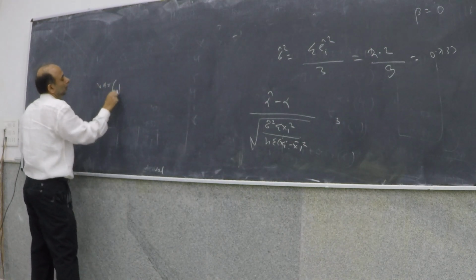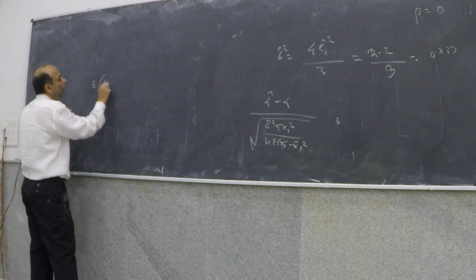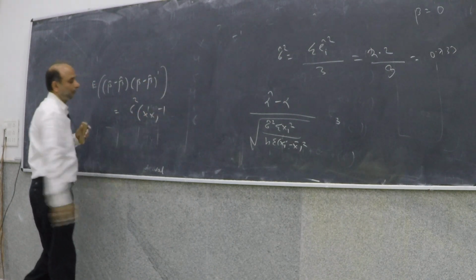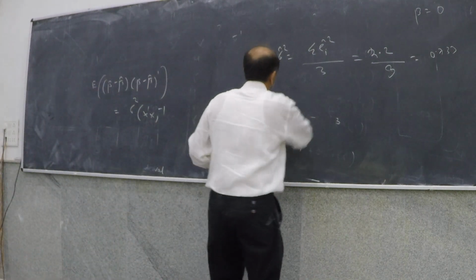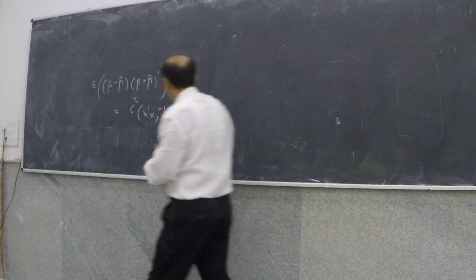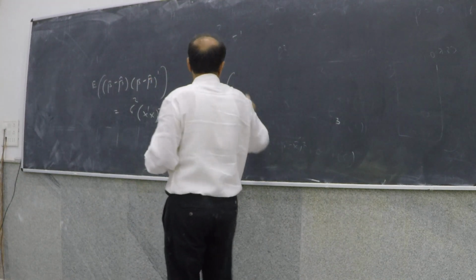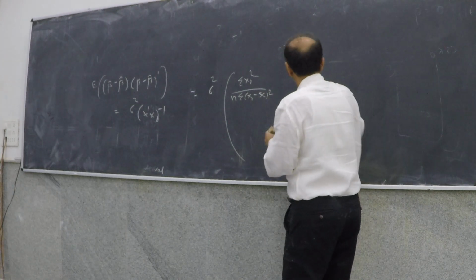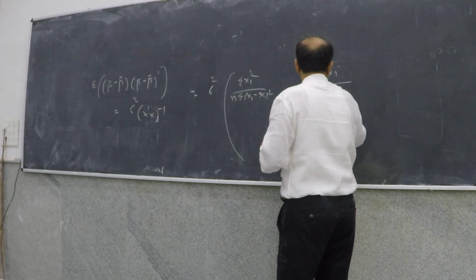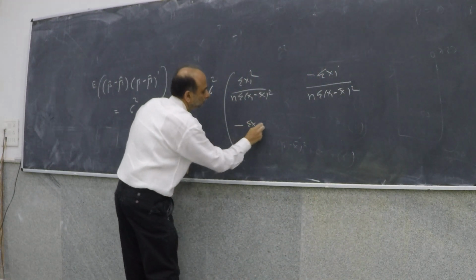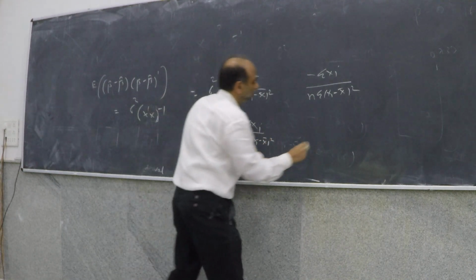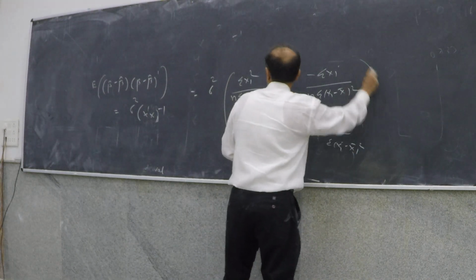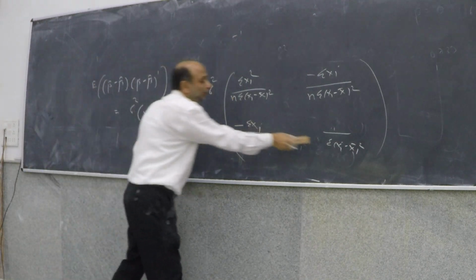We said expectation of... right? So the variance of beta was given by sigma square into summation xi minus x bar square.